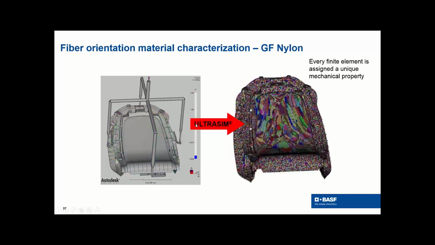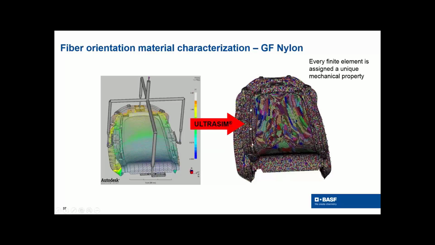Well, we do it with a computer. We developed a software called UltraSim that from our mold filling analysis, we know the glass orientation, which is great. In our FEA, we calculate stresses, which are good, and they're accurate, but unfortunately, the strength was not in there.